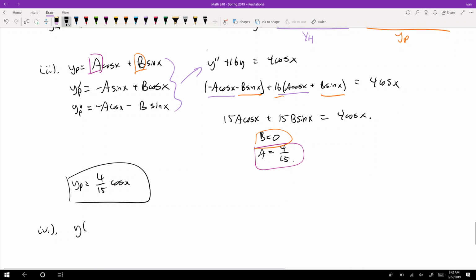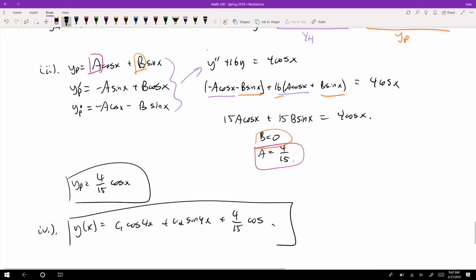Y of x, I've managed to avoid the t's this time, is equal to c1 cosine 4x plus c2 sine 4x, that's the homogeneous, plus 4/15 cosine x. Any questions?